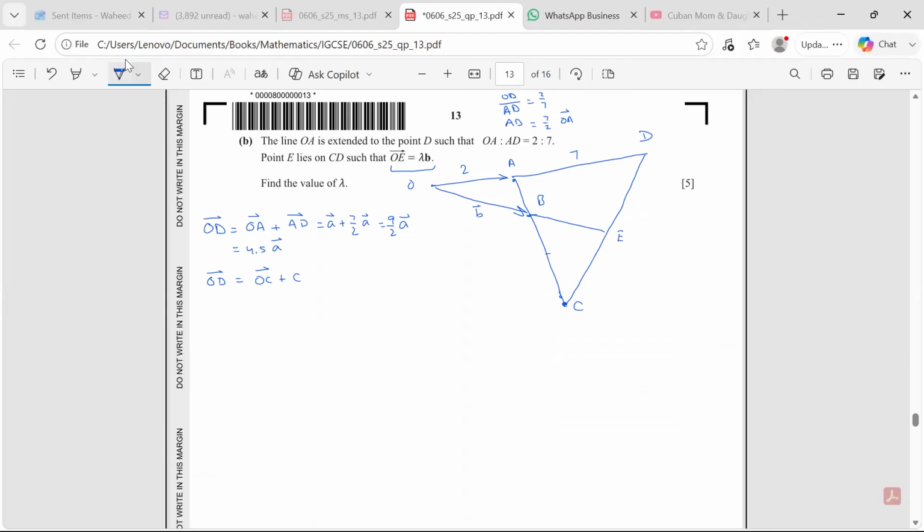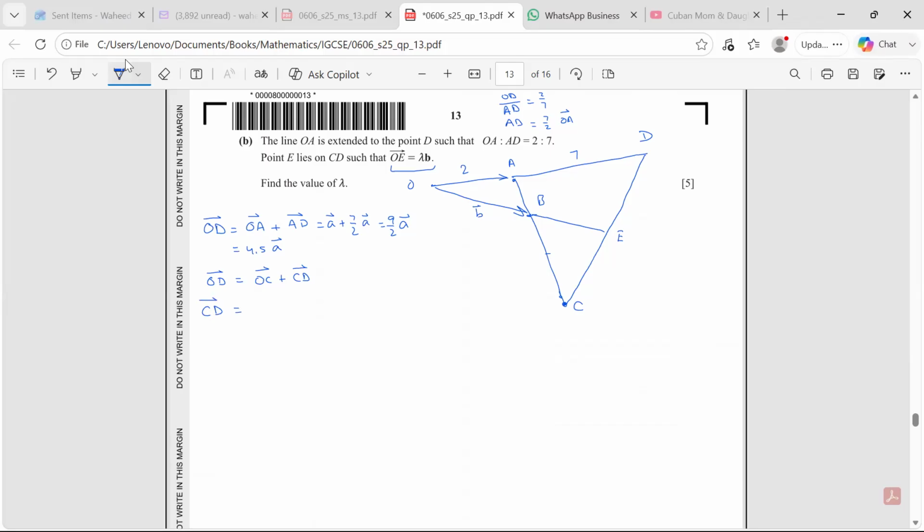I didn't plot it, but O to C plus C to D is equal to O to D, right?